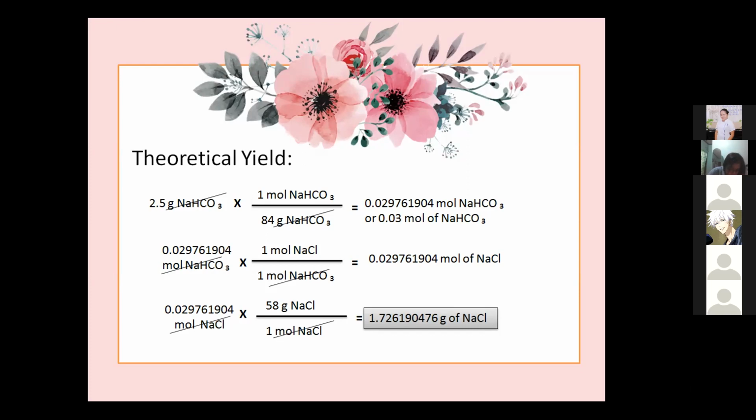The mole ratio is from our balanced equation. The answer stays the same because the ratio is 1 to 1. So our answer is still 0.029761904 moles, but now of NaCl, since NaCl is what we are looking for. So we multiply the moles of NaCl by the molecular weight of NaCl to get its weight in grams. We multiply 0.029761904 moles of NaCl by 58 grams of NaCl, divided by 1 mole of NaCl, so the moles cancel out and only the grams remain. So our answer is 1.726190476 grams of NaCl, or 1.73 grams in 2 decimal places.